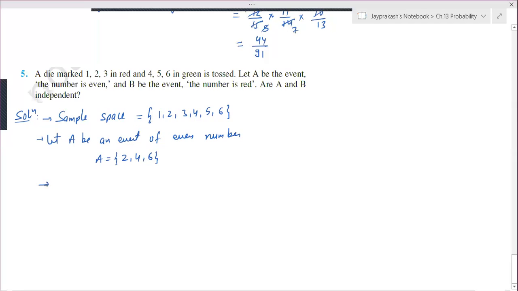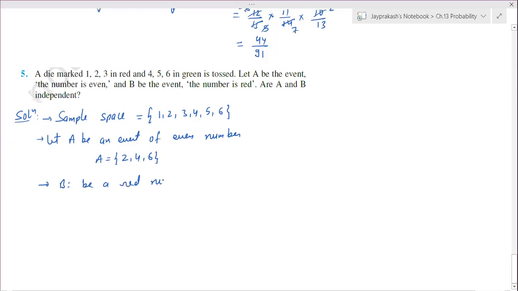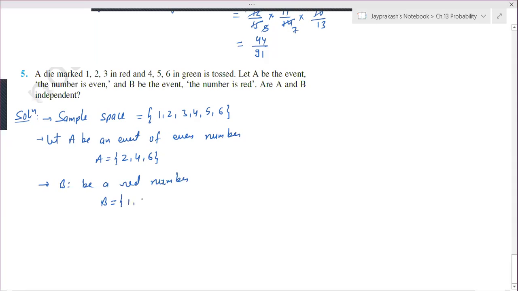And now we are considering B be a red number, so that 1, 2, and 3 are written in red.